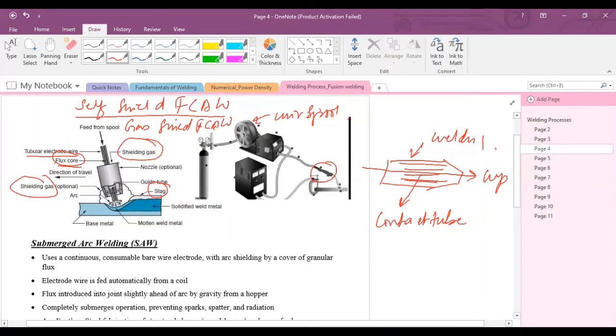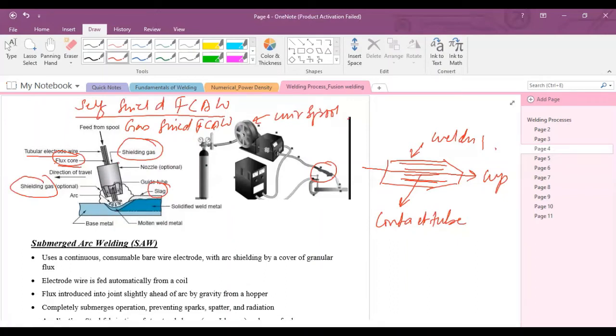One is the flux core, the other is the shielding gas. Argon, helium, or a mixture of both can be used. In gas shielded flux core arc welding, the molten pool is protected by two things: the shielding gas and the flux core. So there is only a slight difference between these two types of flux core arc welding.